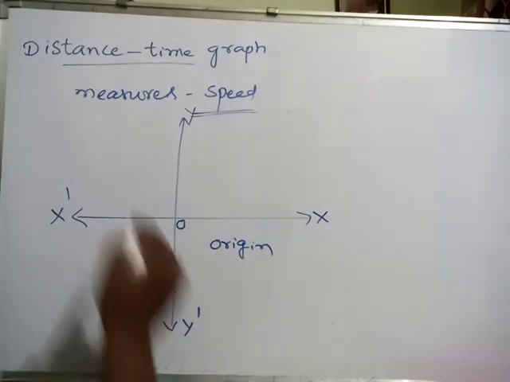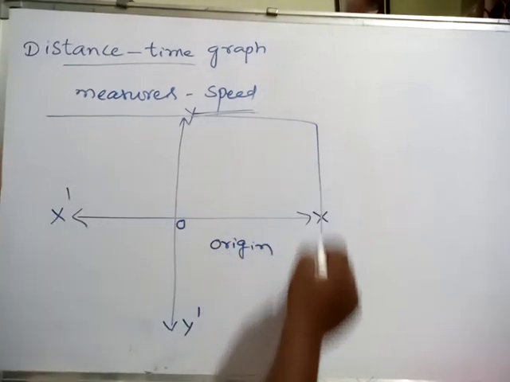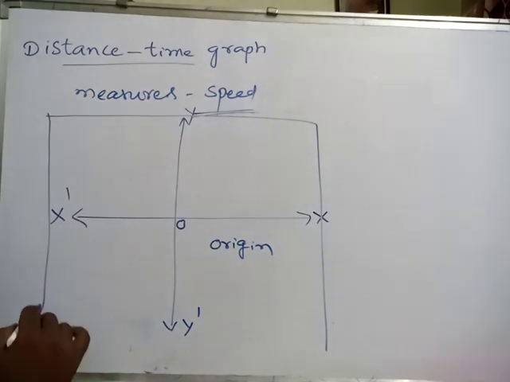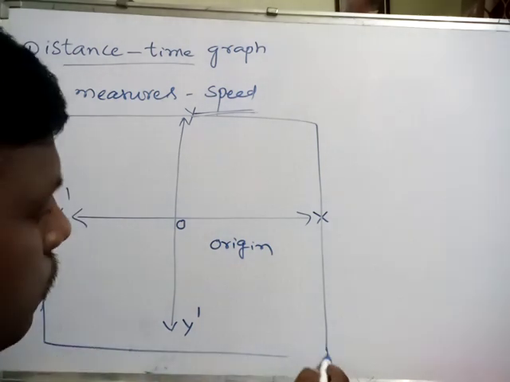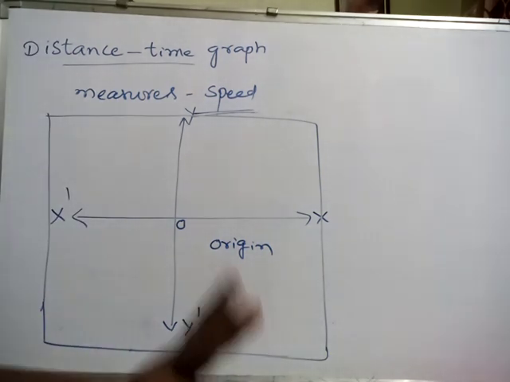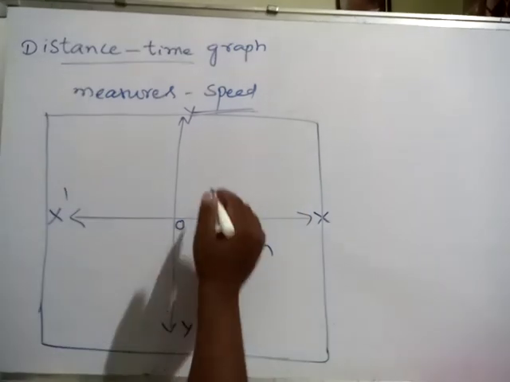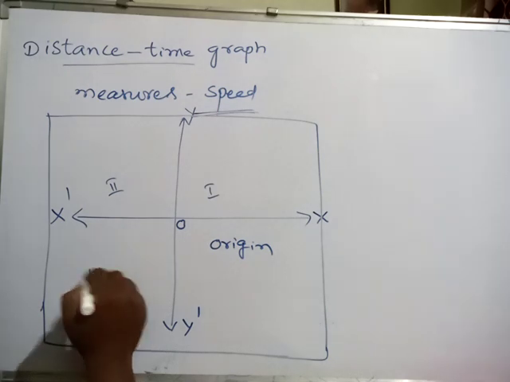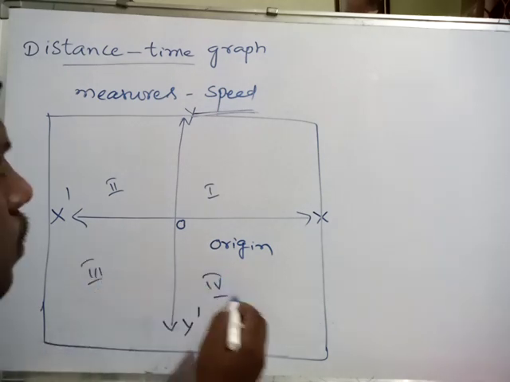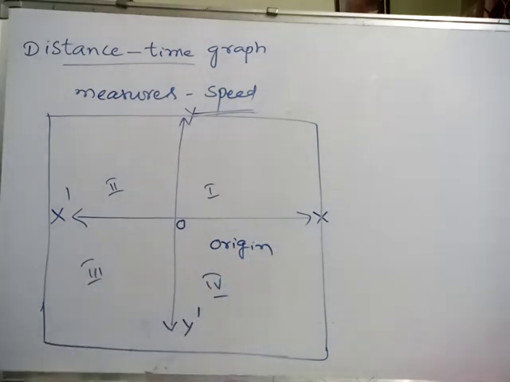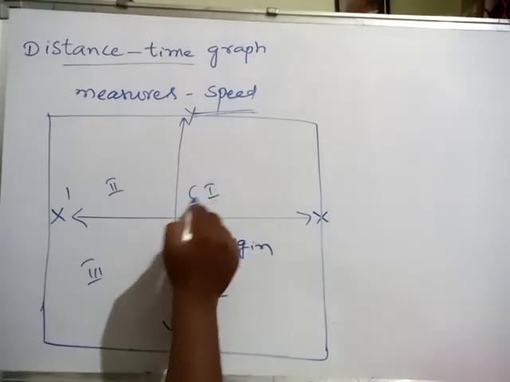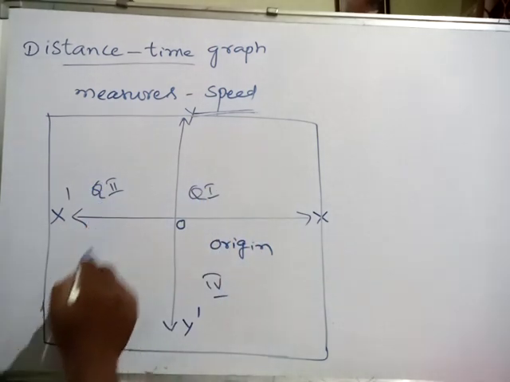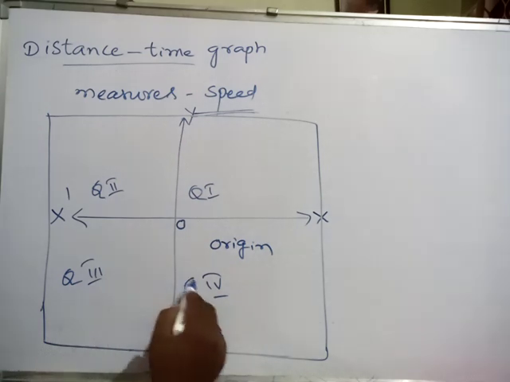Now see, the whole graph paper is now divided into 4 parts. First part, second part, third part, fourth part. These are what we call quadrants. First quadrant, second quadrant, third quadrant, fourth quadrant.